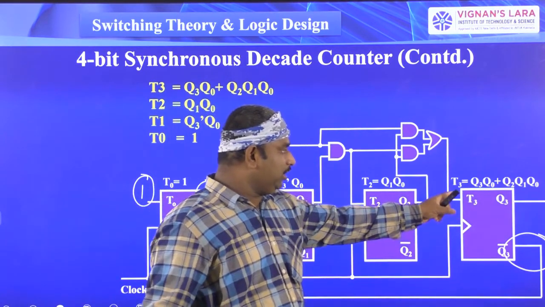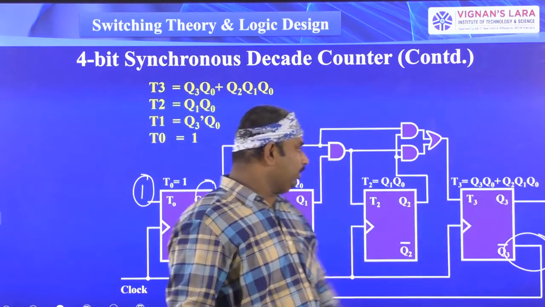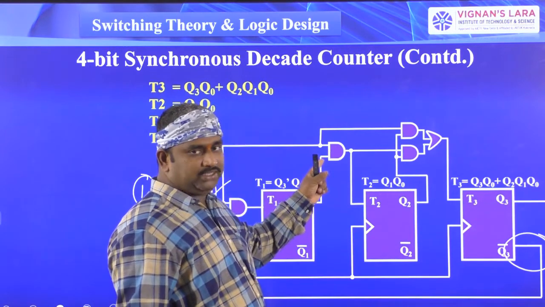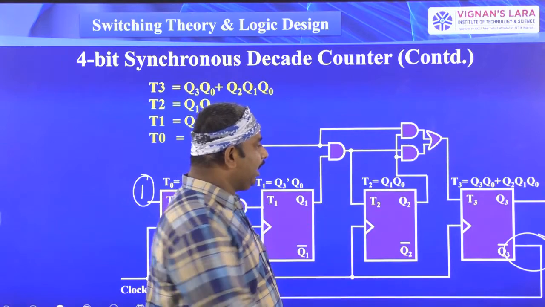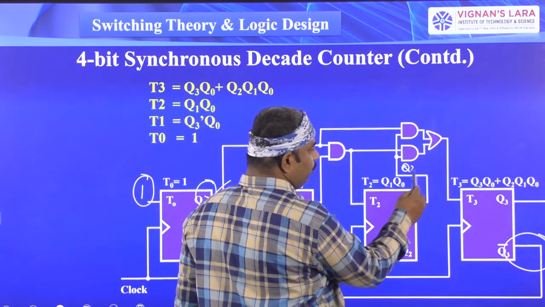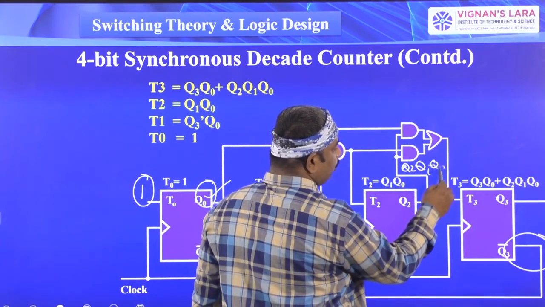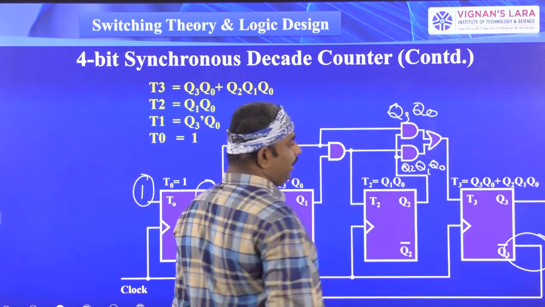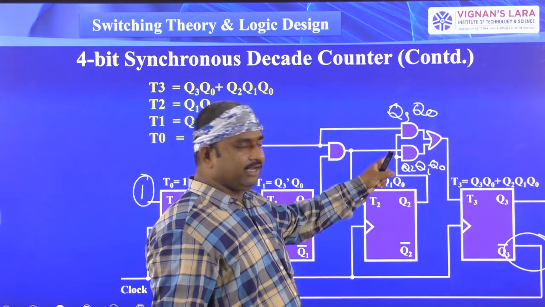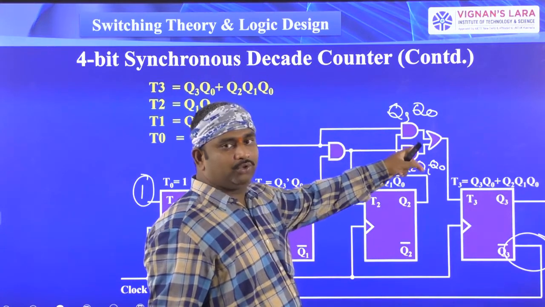In the same way T3 is Q3 Q0 plus Q2 Q1 Q0. So Q1 Q0 is available here, and take one more, Q2. Then this AND gate is representing Q2, Q1 and Q0, and this AND gate is representing Q3 and Q0. These two AND gates you have to feed to an OR gate.